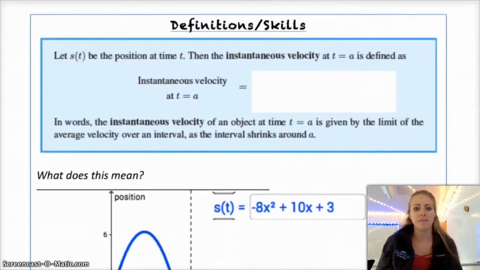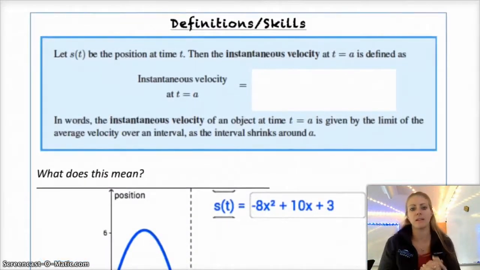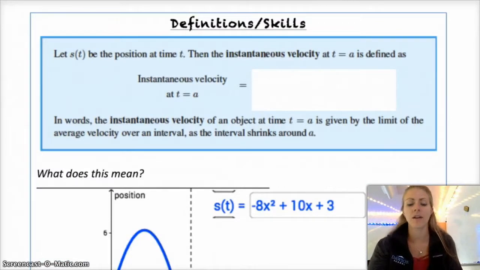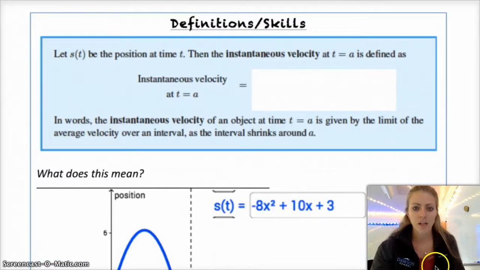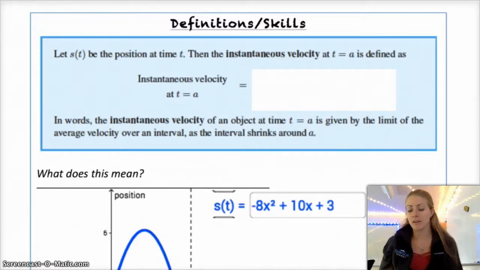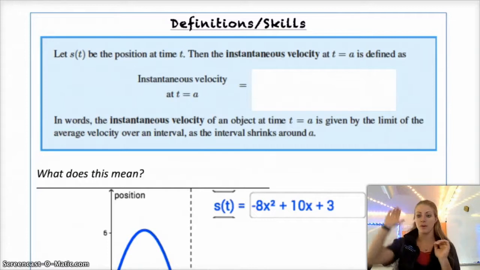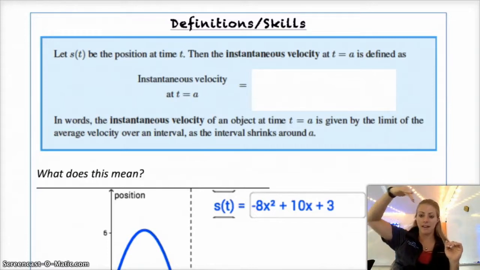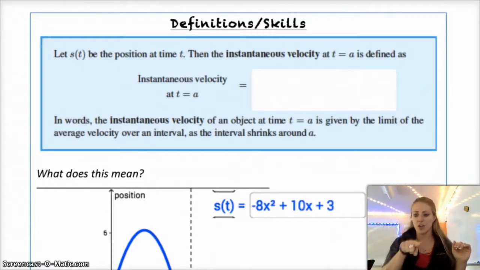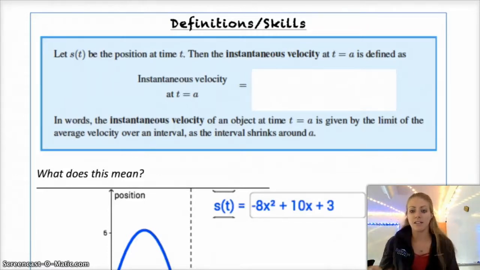So first things first, we're going to talk about instantaneous velocity. Say, for example, you throw a ball in the air. At some point the velocity is going to be really fast, and then when it reaches the top and comes back down, at the top moment, as it's turning around, the velocity is 0.